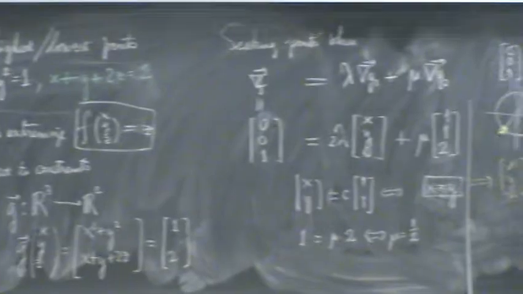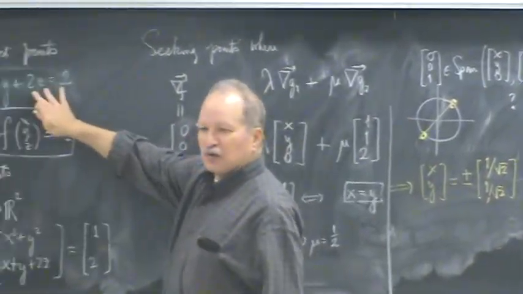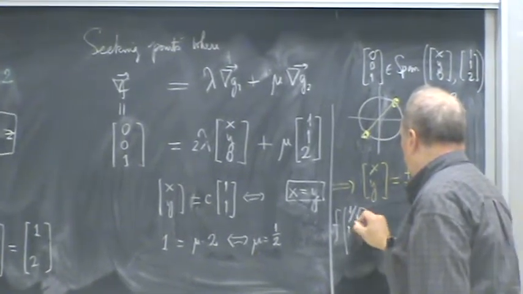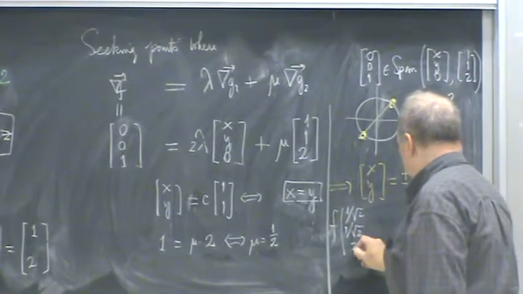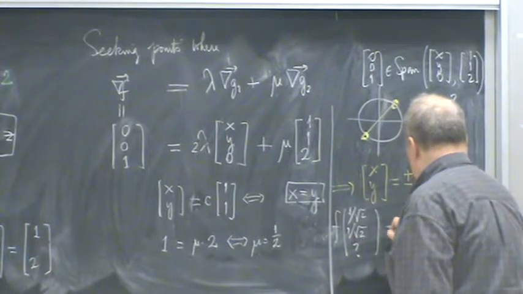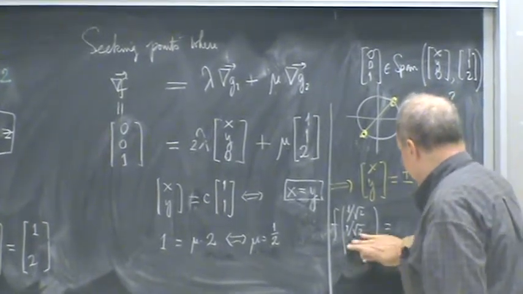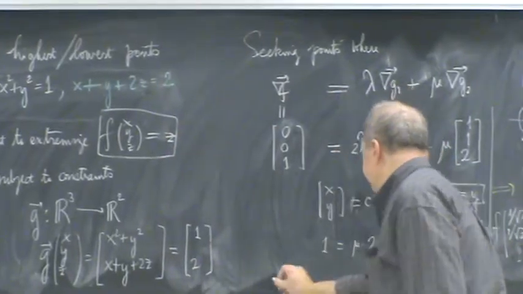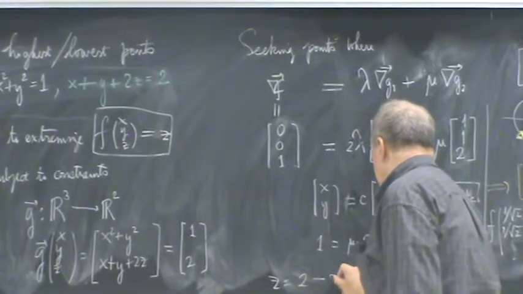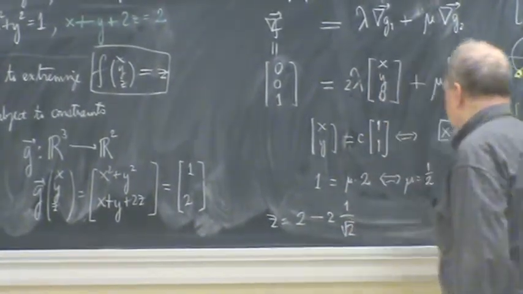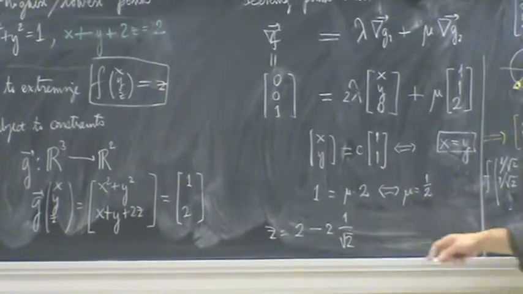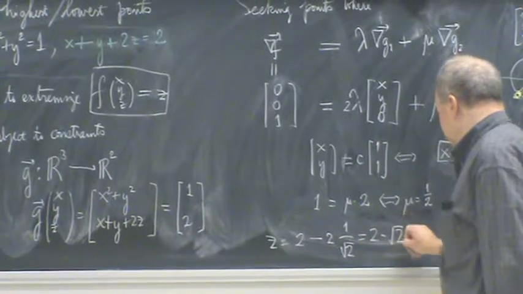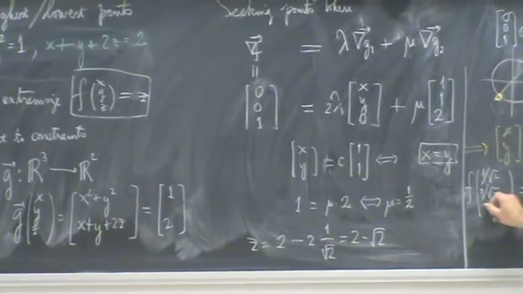All right, my function, I just get by sticking in this x and y and saying, well, what's z equal to? So I'm going to have f of 1 over root 2, 1 over root 2, whatever the z is. Well, what's the z? X and y are both 1 over root 2, so I have 2 over root 2, which is root 2.